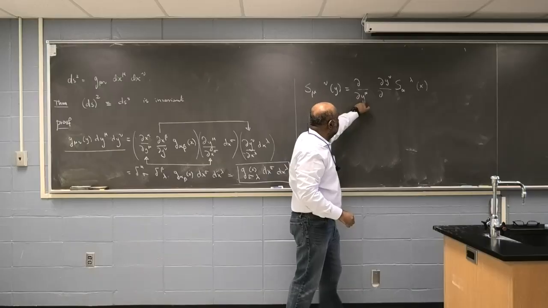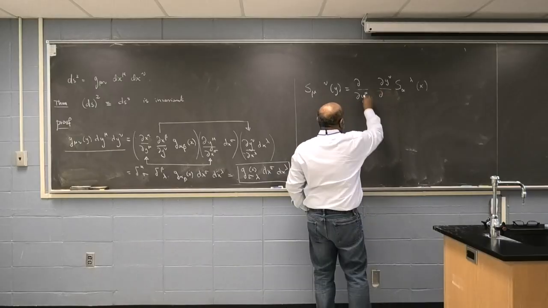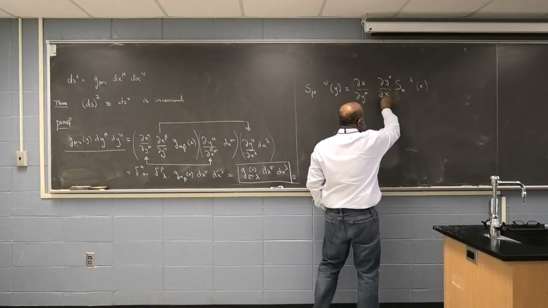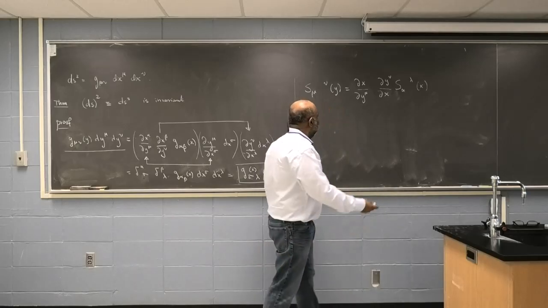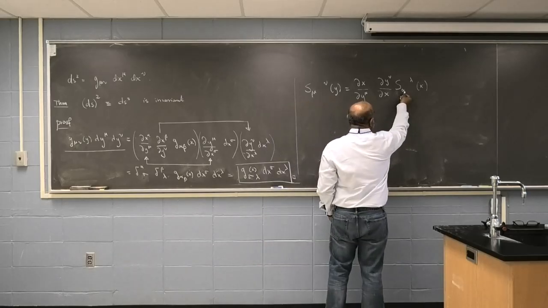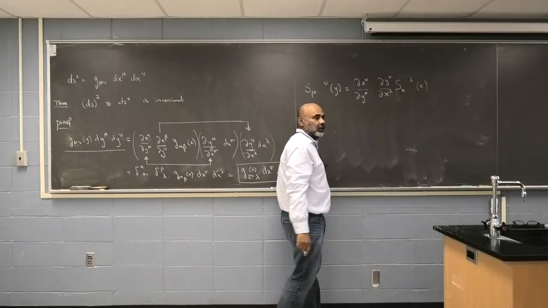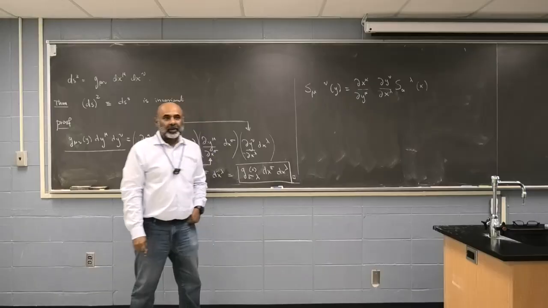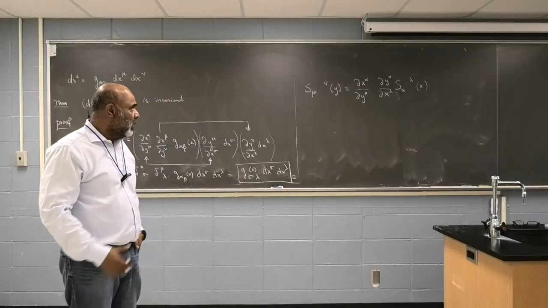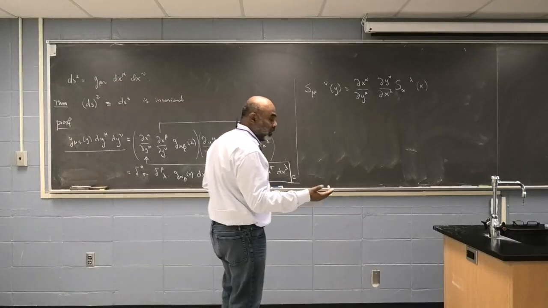Then you know the other has to be x. If it has to be x, this is lower alpha, alpha, upper lambda, lambda. So that's the trick to make you remember. So we know how tensors transform.